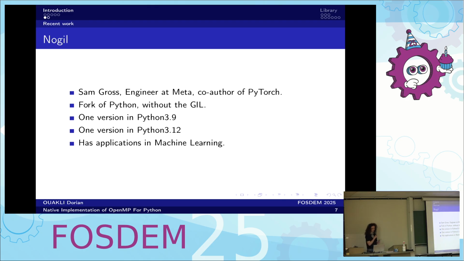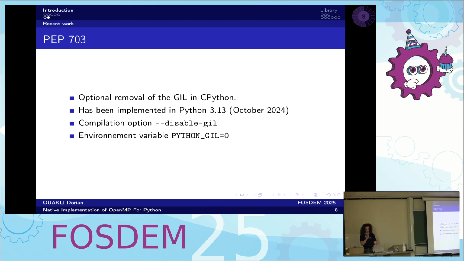He started with a fork in 3.9, rebased it on 3.12 and merged it in 3.13. So PEP 703 defines that removal of the GIL. It was implemented in 3.13, as I said, which was released recently in October 2024.